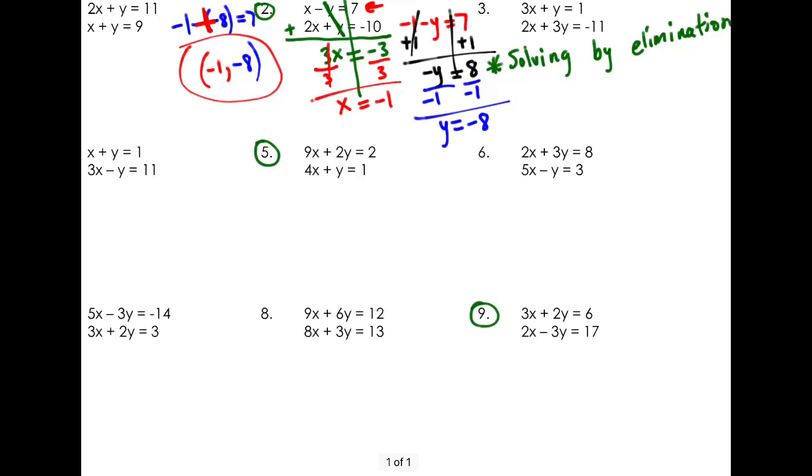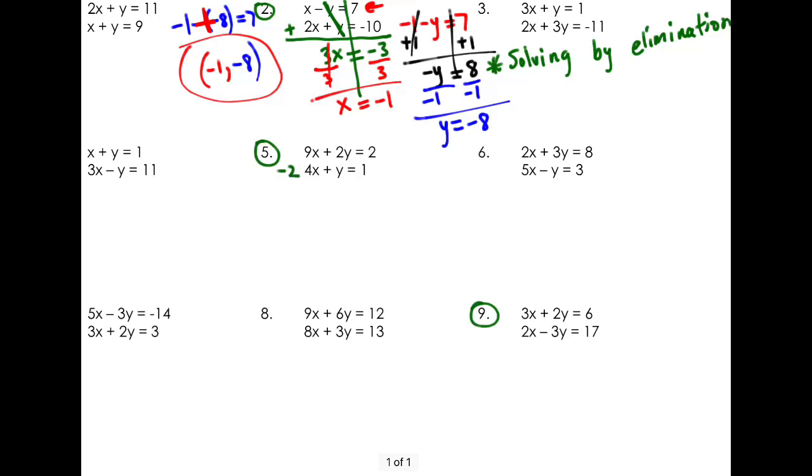In this case, it's a 2. I know if this was a negative 2y, that this would cancel out. So in order to make that happen, I have to multiply this entire system by a negative 2. So let's do that.